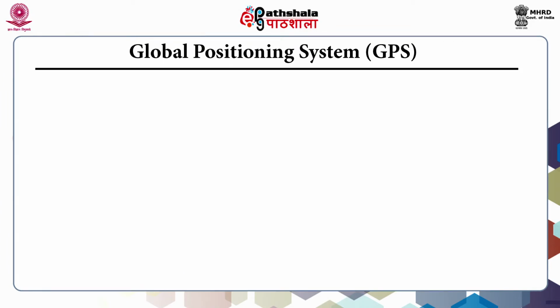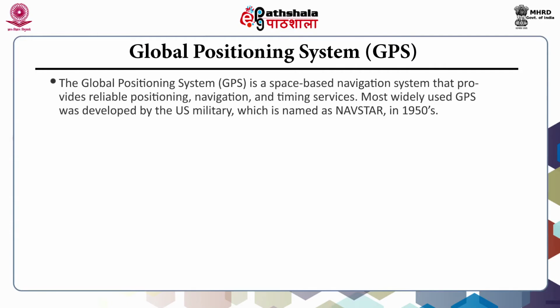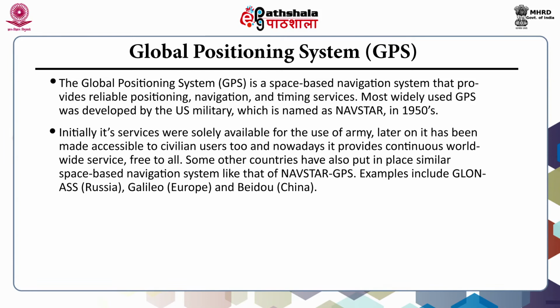Global Positioning System, GPS. The Global Positioning System is a space-based navigation system that provides reliable positioning, navigation, and timing services. The most widely used GPS was developed by the US military, which is named NAVSTAR, in the 1950s. Initially, it was a service solely available for the use of the army.